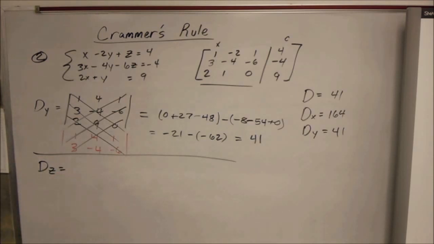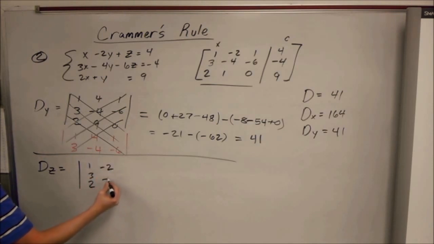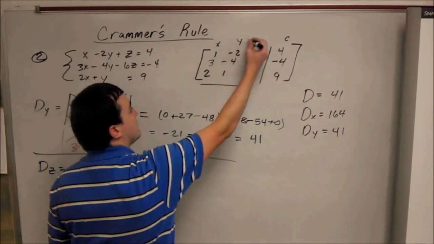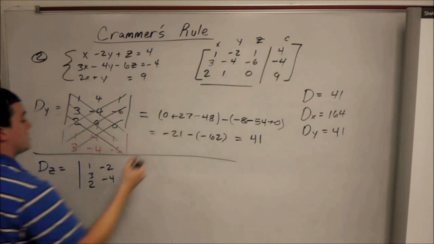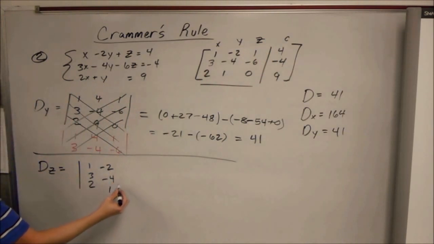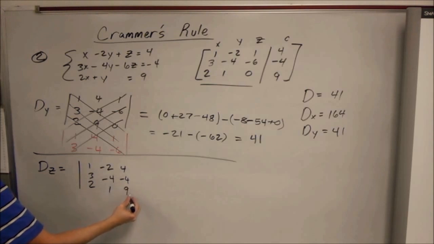Alright, now we have to find dz. So we copy our original matrix, 1, 3, 2, and the only thing we're going to change is we're going to take our z column, which is right here, and replace it with the constant column. So we find the determinant.